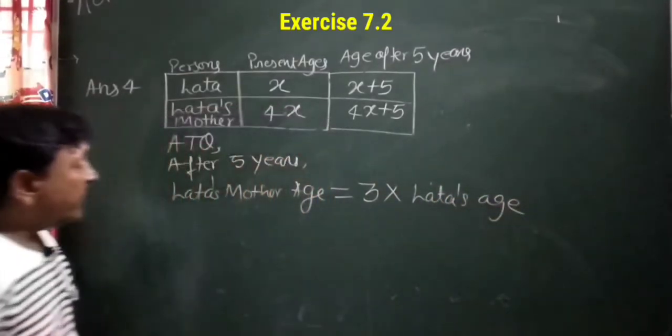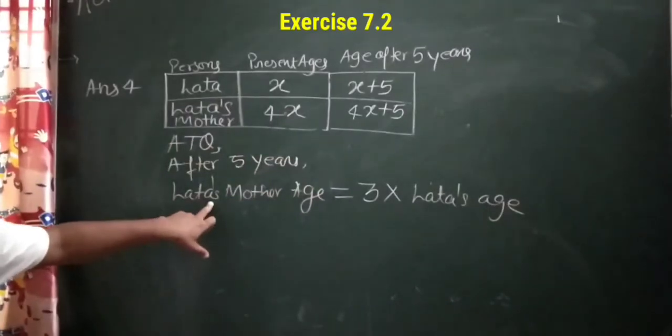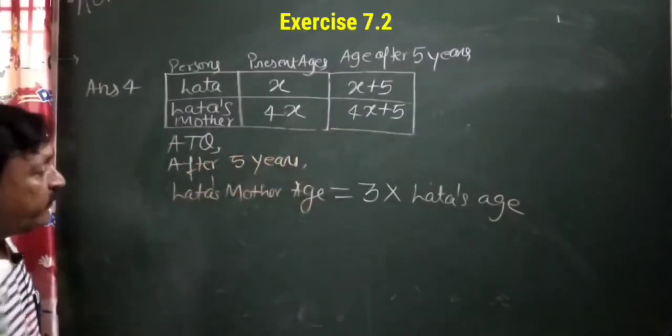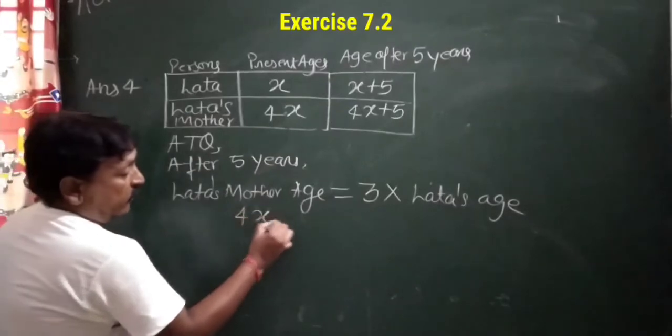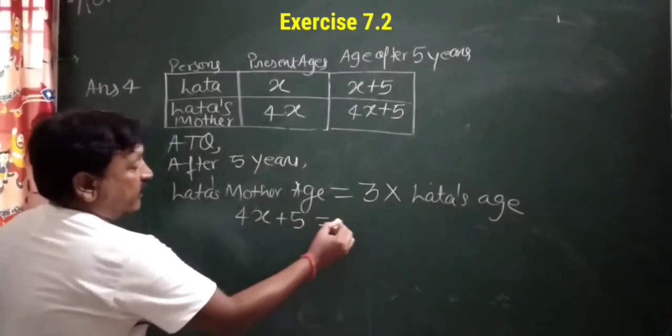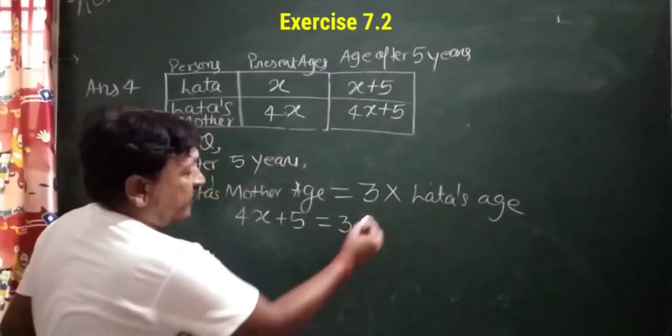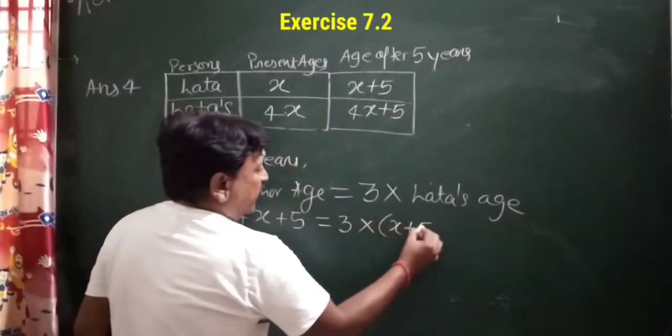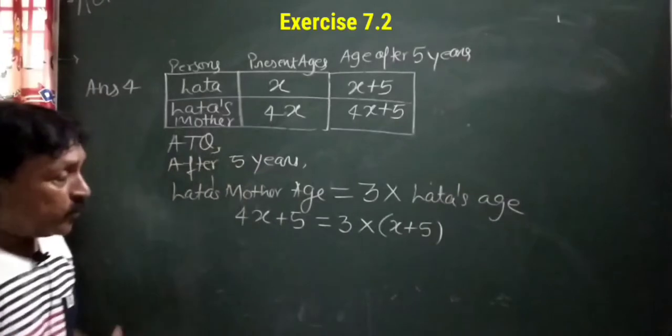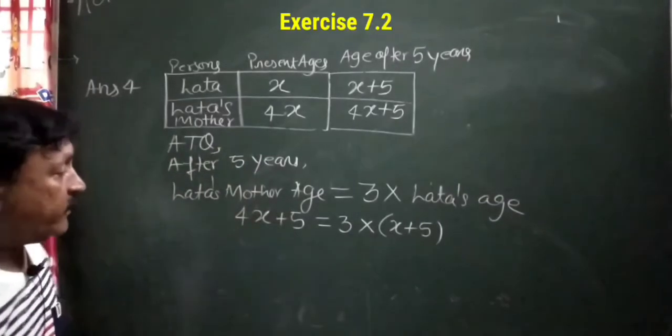So what is the age of mother after 5 years? It is 4x plus 5. So substitute here 4x plus 5 equals 3 into Lata's age, x plus 5. So write here x plus 5. Now we have to solve it and find out the value of x. Okay?